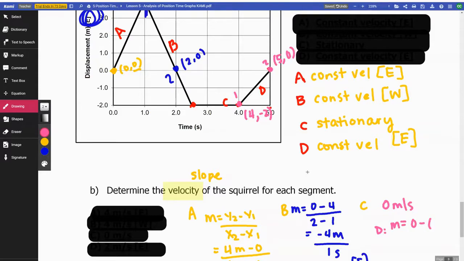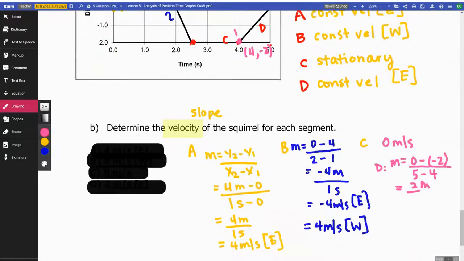Be careful. y1 is the negative, so I'm minusing a negative number, which is actually a positive now. Divided by x2 minus x1. So 0 plus 2 over 5 minus 4, which is 1. So 2 meters per second to the east. Okay?